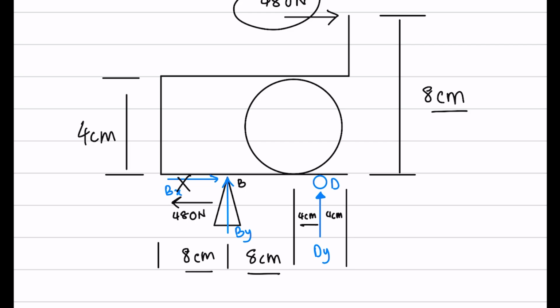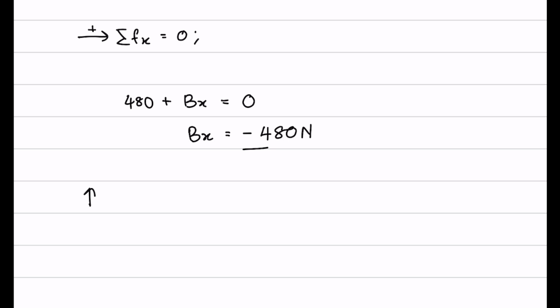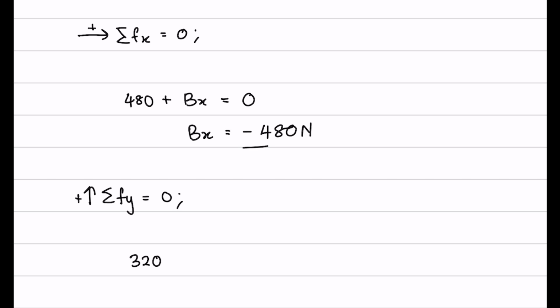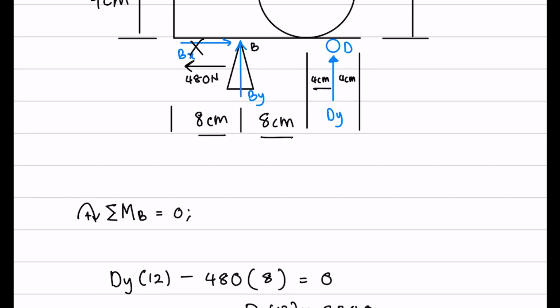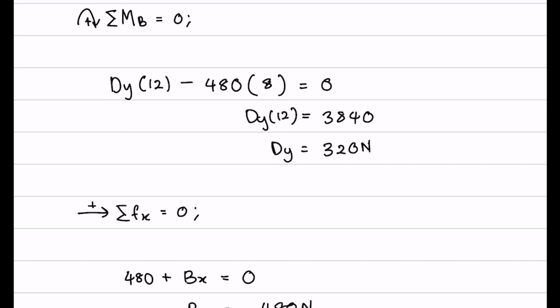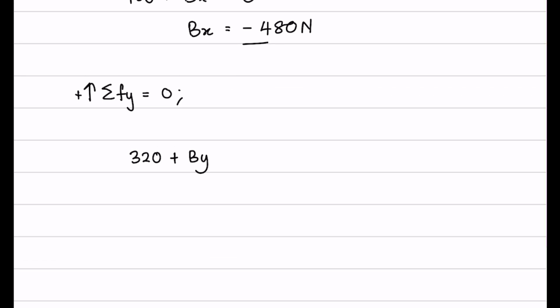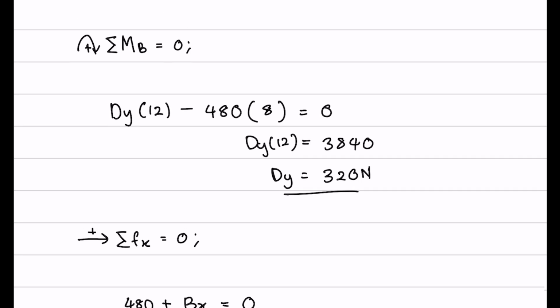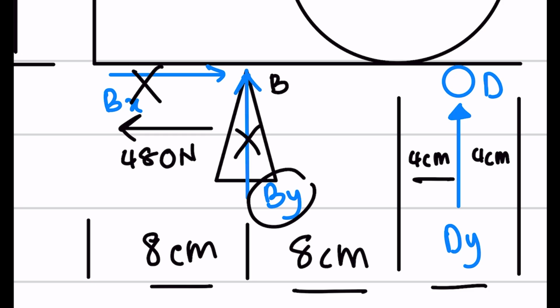And then we need to find Fy. I assume positive is going up, then Fy equal to 0. At Fy, we have Dy plus By. Because we already got Dy is equal to 320, plus By equal to 0. And then By equal to negative 320 Newton. Because our assumption is wrong, we need to change the direction going down.